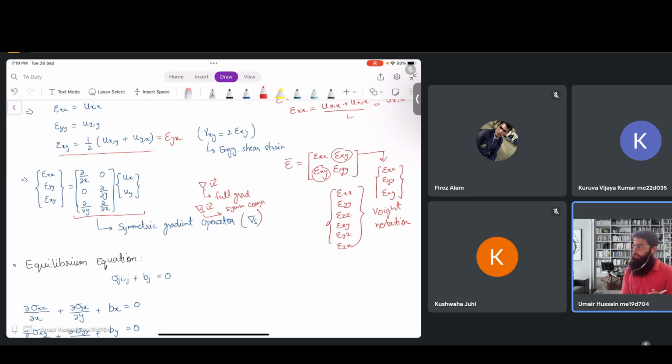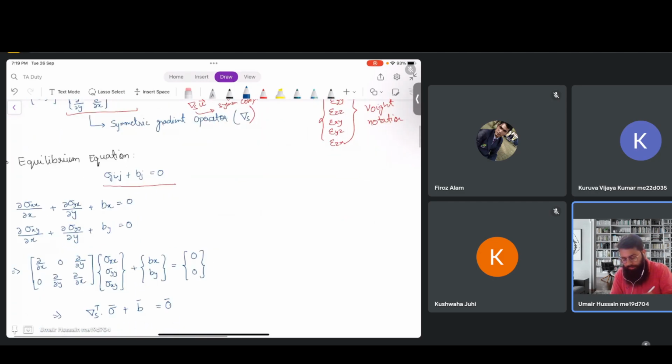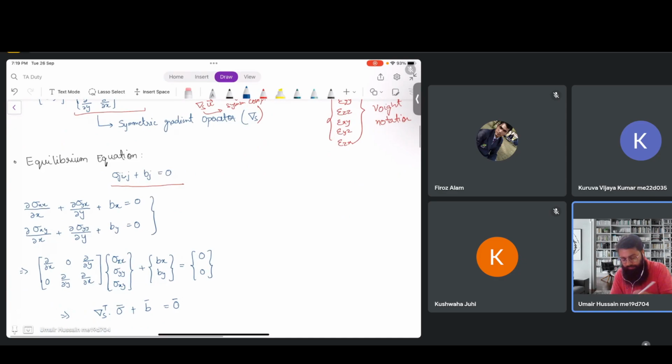Okay, so this is the relation between the strain and the displacement. Now, what else do we need? The governing equation here is what is known as the equilibrium equation. The equilibrium equation is sigma_ij,j plus b_i in terms of index notation. If we break it down into components, these are the two equations that we get for 2D.